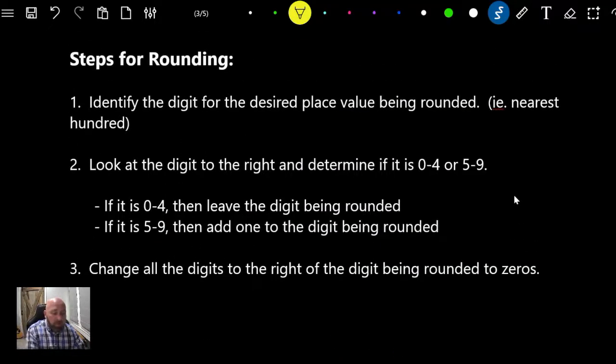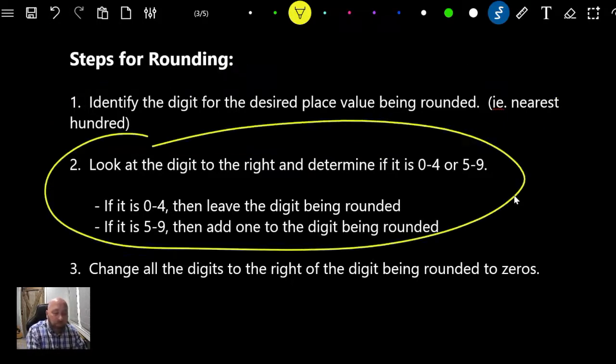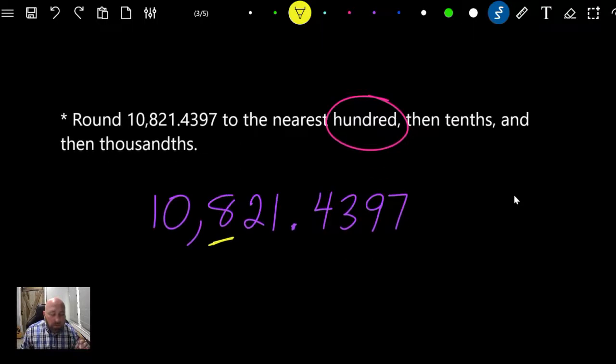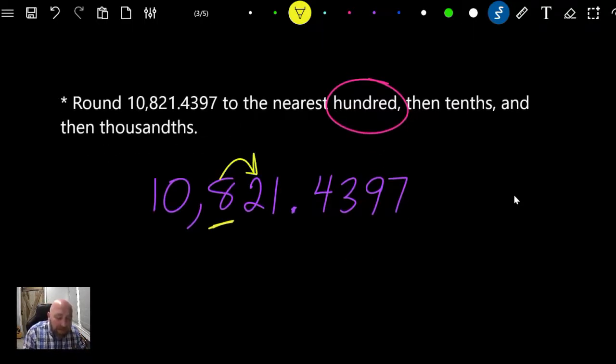What's step number 2? That was number 1 where we identified it, right? Step number 2 is we're going to look to the right to determine, is it 0 to 4? Is it 5 to 9? So let's look at the number to the right. I call it his next door neighbor, right? So his next door neighbor is a 2.